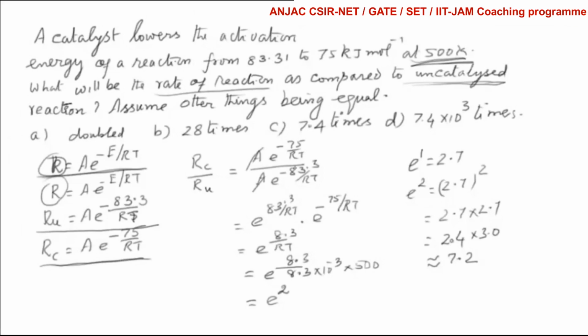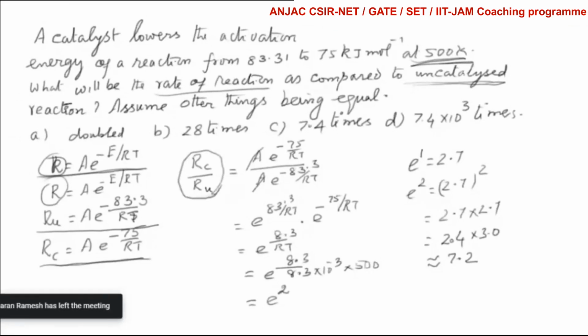Therefore, now we have to find out the rate of the catalyzed reaction divided by the rate of the uncatalyzed reaction. So I have put the catalyzed reaction in the numerator, and the uncatalyzed in the denominator. If you do this, you will finally get the equation e^(83.3/RT) times e^(-75/RT).